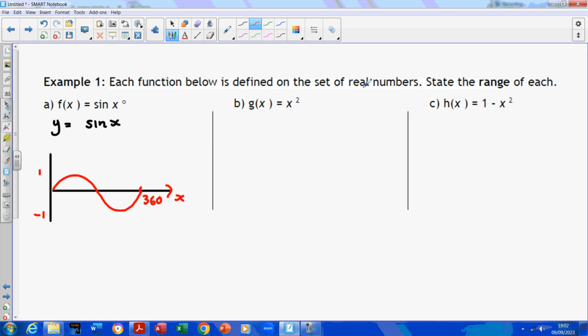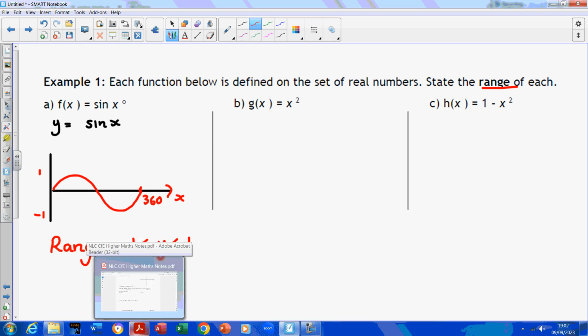So when I want to know what the range is of this graph, the range is all the y numbers. So the range here goes between 1 and down to -1. So the y numbers go between -1 and 1, and they're allowed to also be equal to 1 and -1.